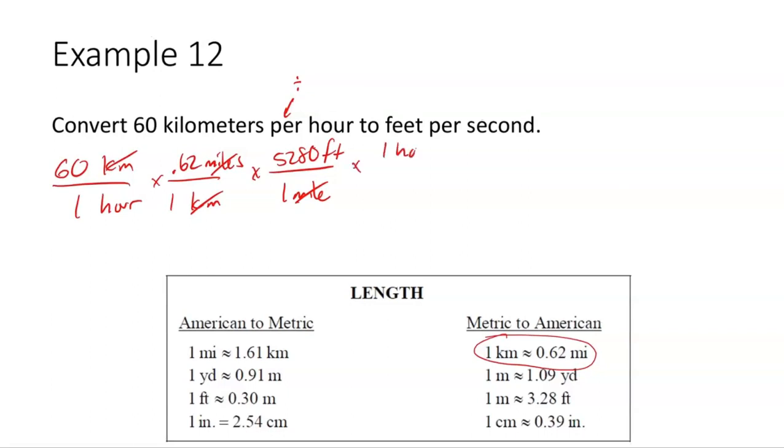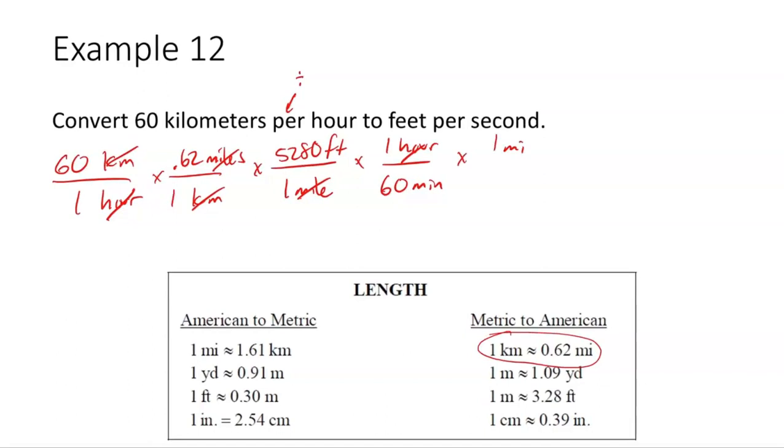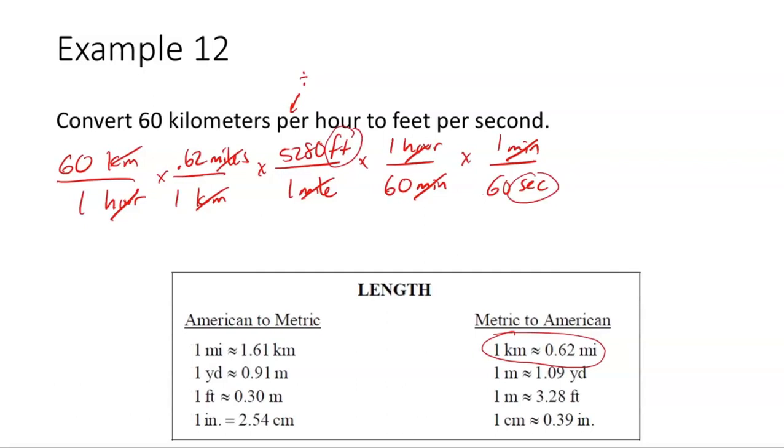So 1 hour is 60 minutes. I'll put the hour on top, that way I can cross off hours. And what I know is that 1 minute is 60 seconds. And that gets rid of minutes. So the units I have left are feet on top and seconds on the bottom. So if I carry out all this, this will give me my units in terms of feet per second.